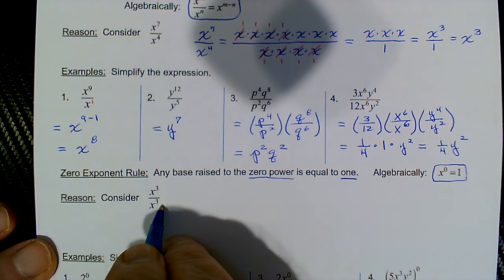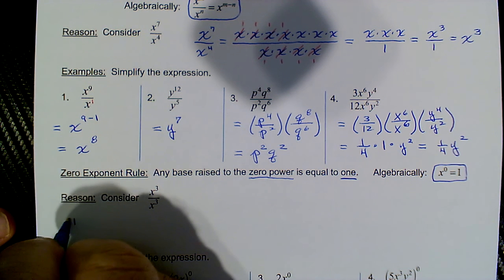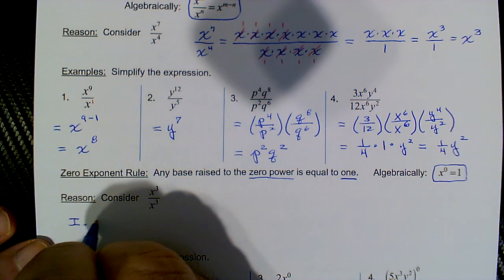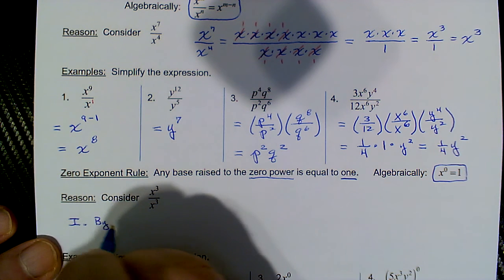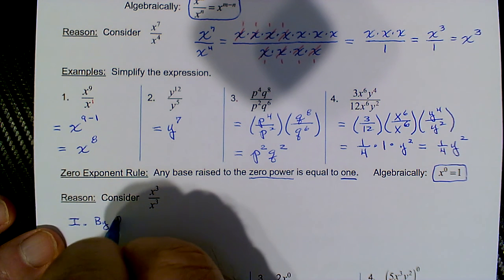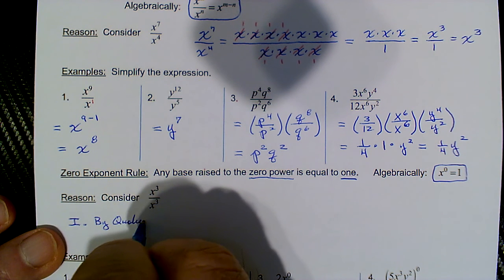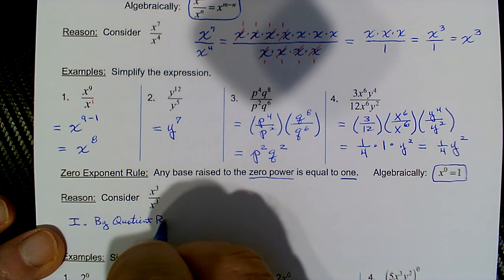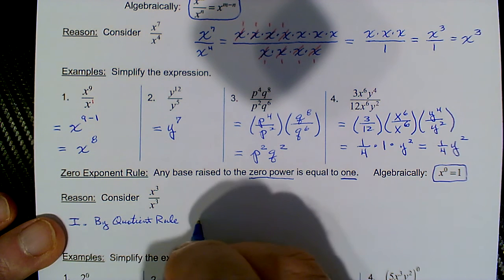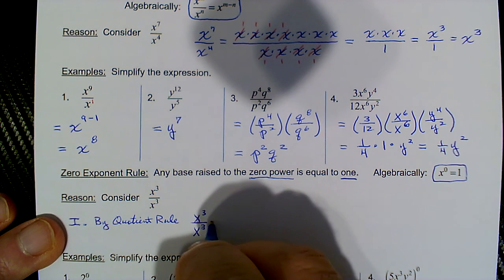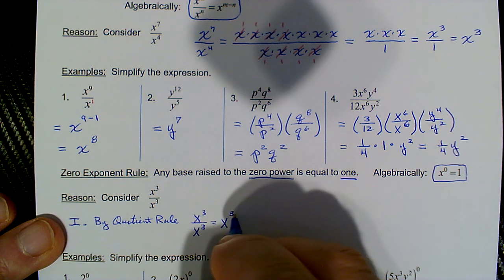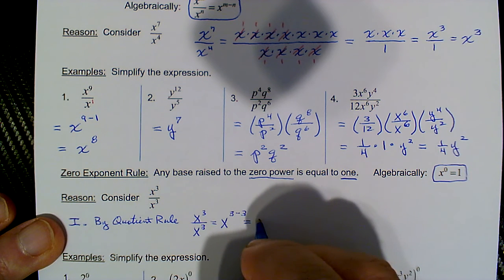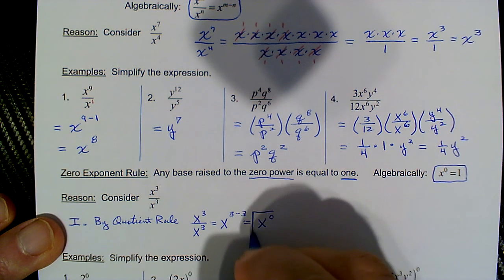If you consider x cubed over x cubed, and let's say here, by the quotient rule, we'd have that x cubed over x cubed equals x to the 3 minus 3, or x to the 0.